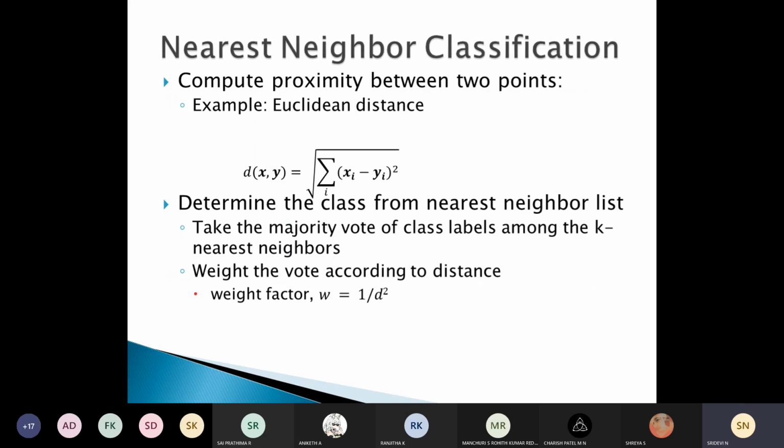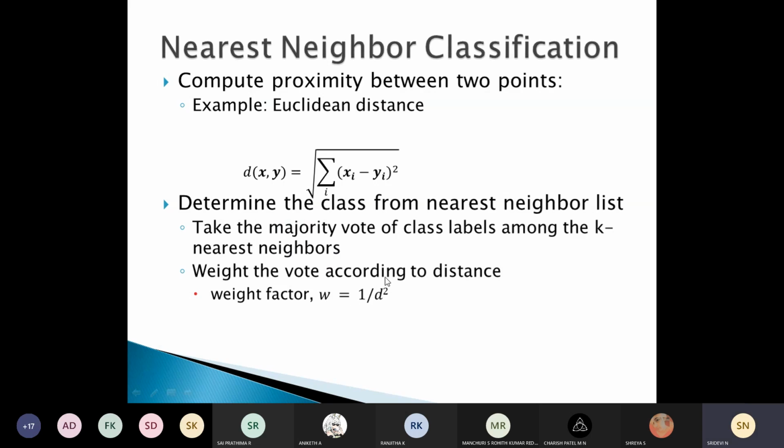K nearest neighbor classification computes proximity between two points using Euclidean distance, and determines the class from the nearest neighbor list. Among those, it takes the majority vote of class labels among the k nearest neighbors, and accordingly we say that the new record belongs to that particular class.